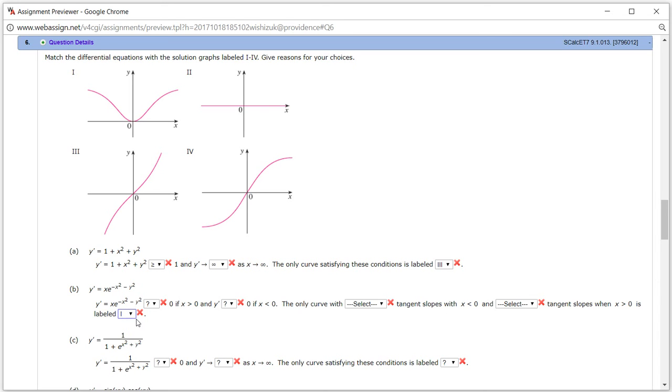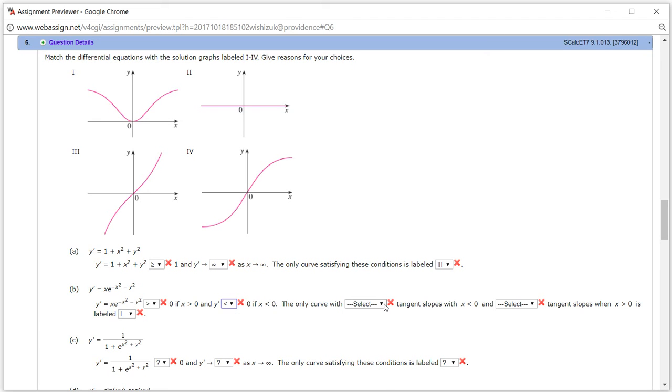If x is greater than 0, then this is going to be greater, and y prime is smaller than 0 if x is smaller.